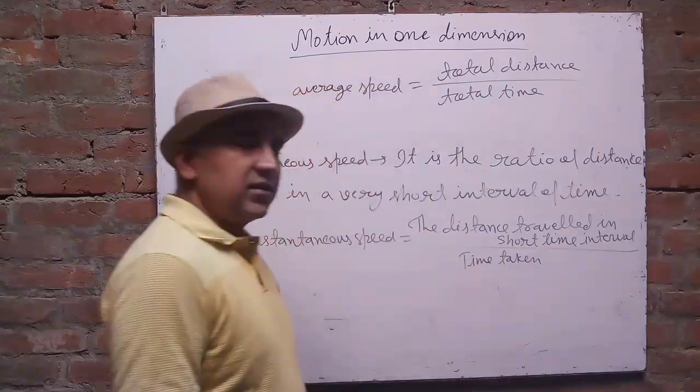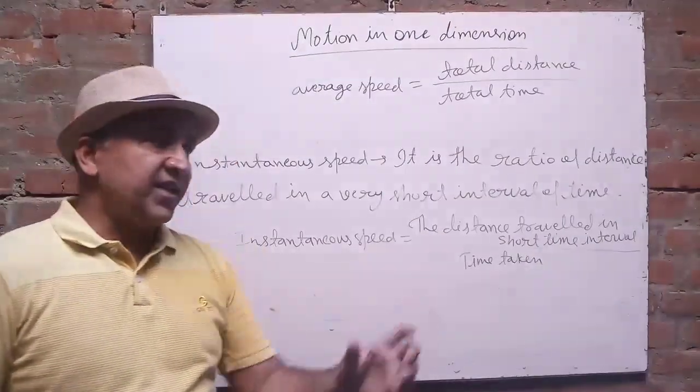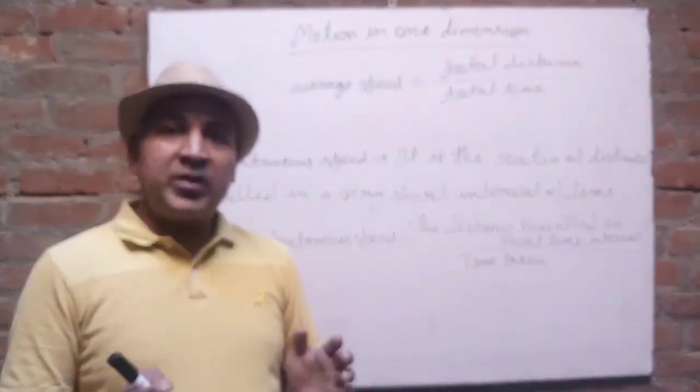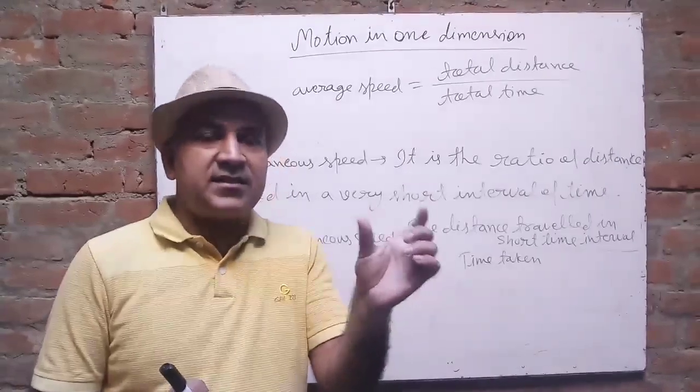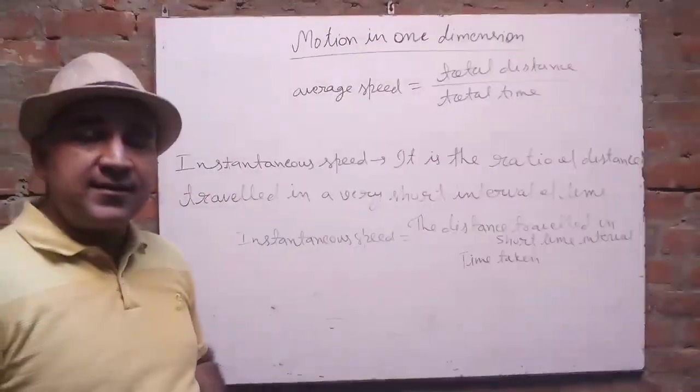That is the instantaneous speed. That means when you measure the speed of a body, suppose a body is moving for 10 seconds and you want to measure the speed between 8 and 9 seconds, then that type of speed is known as instantaneous speed.